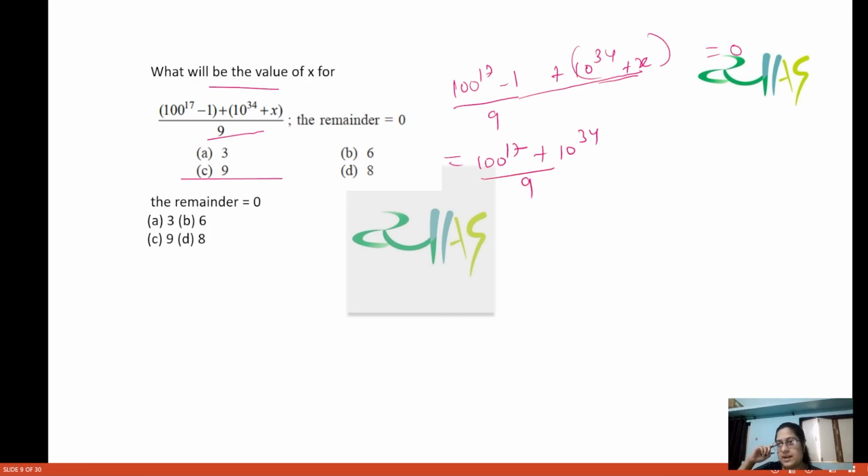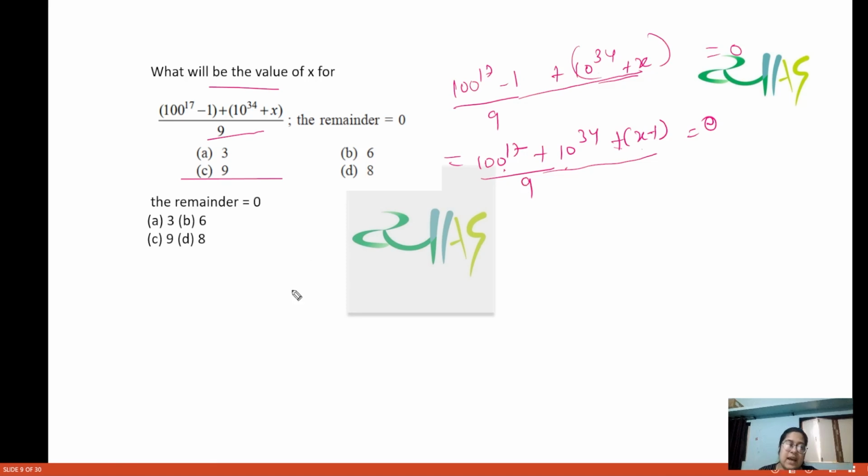Okay, divided by 9 and you have what, x minus 1 is equals to 0. ठीक है, तो इनका रिमाइंडर जो भी आएगा प्लस दिस टर्म दैट शुड बी इक्वल टू 0. तो दो रिमाइंडर इज 0 तो अपने को x की वैल्यू निकालनी है.